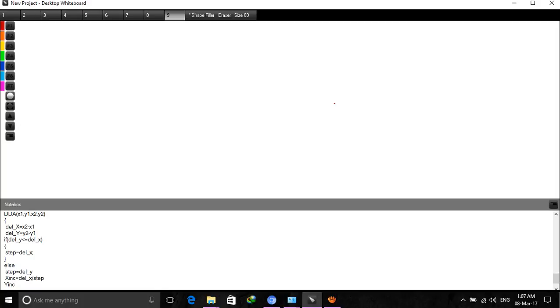And y increment equal to delta y divided by step, and here step is delta y, so y increment will be 1.